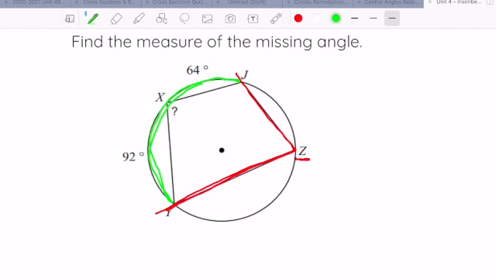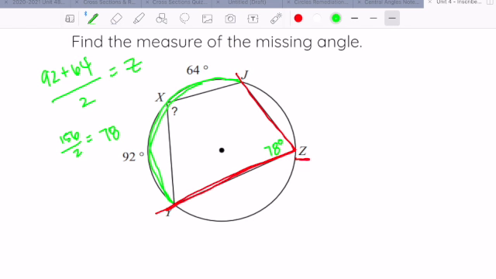So I'm going to add 92 plus 64, and then divide it by 2 to find my angle measure for Z. So in my calculator, pardon me for a moment, 92 plus 64 gives me 156. 156 divided by 2 is equal to 78. So angle Z is 78 degrees, because I found this green intercepted arc and divided it by 2 to find my angle measure.